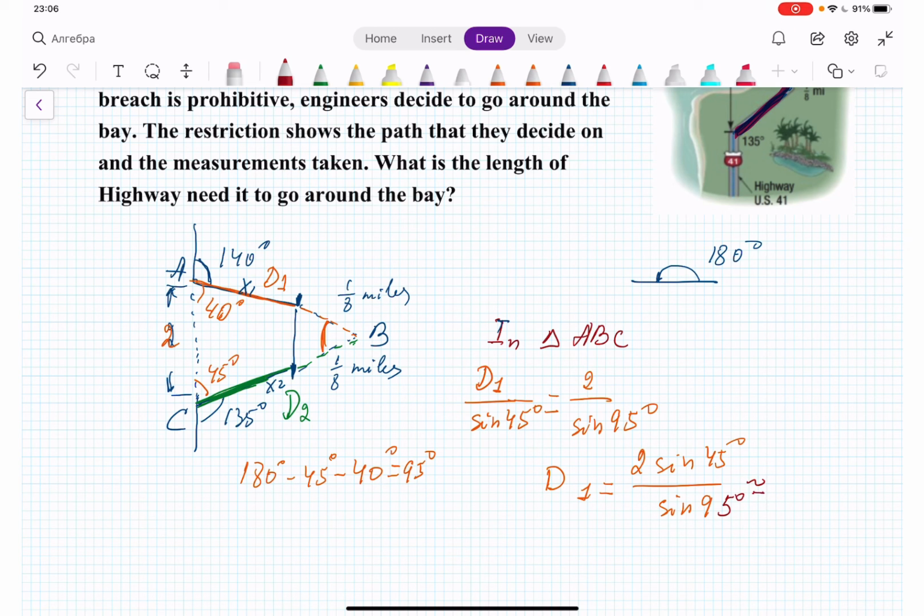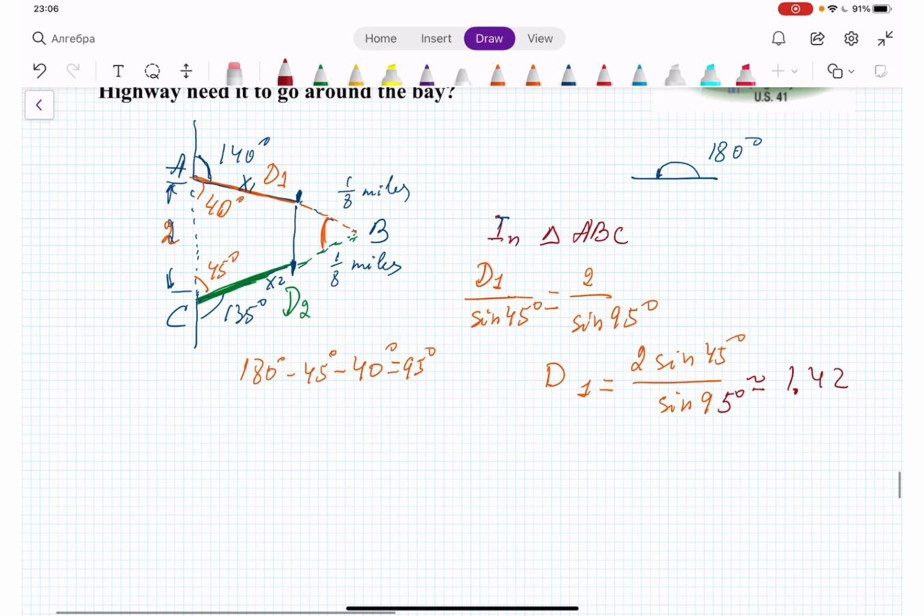If you take values from a calculator, we get approximately 1.42. And this D1 is X1 plus 1 over 8, which is 0.125.